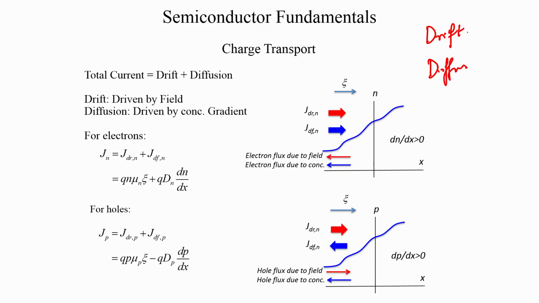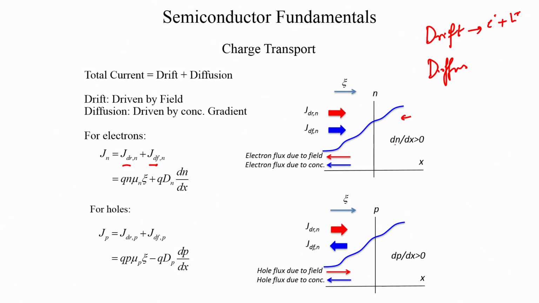In the case of drift, we found that the electron and hole currents add up to give you the total current, but in the case of diffusion, for the same profile, the effective current was in the opposite direction. So, if you want to define the total electron current, it is the current due to drift plus diffusion of electrons.